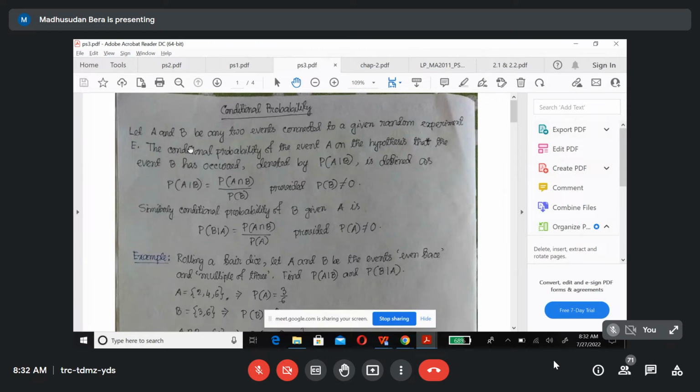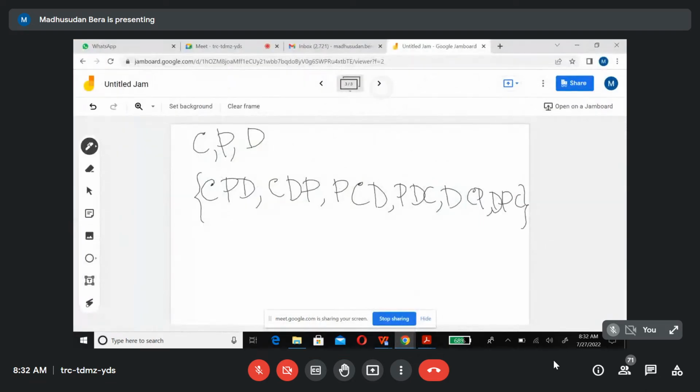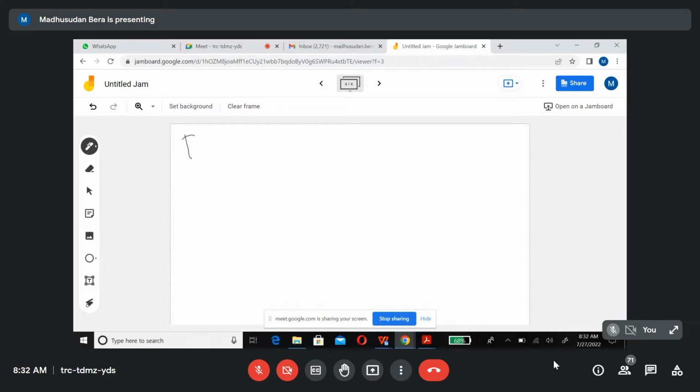So A and B are two events connected with a random experiment. What is the meaning of P of A given B? It means the event B has already occurred.